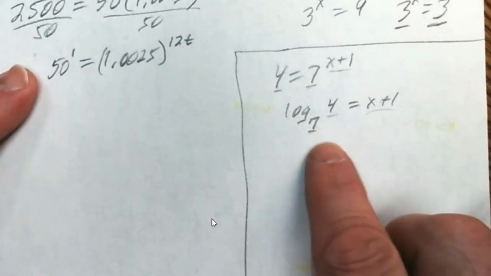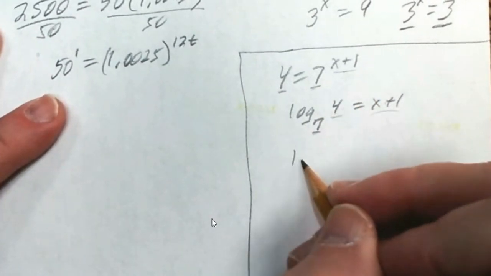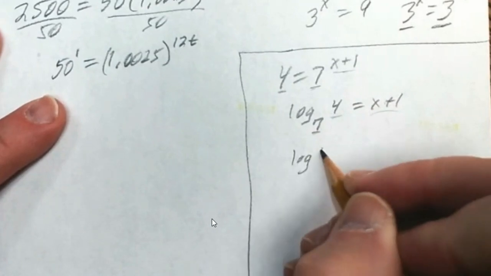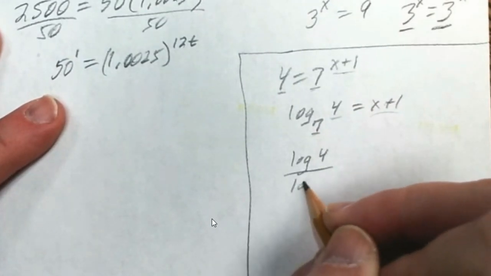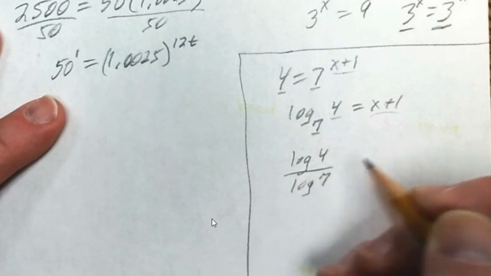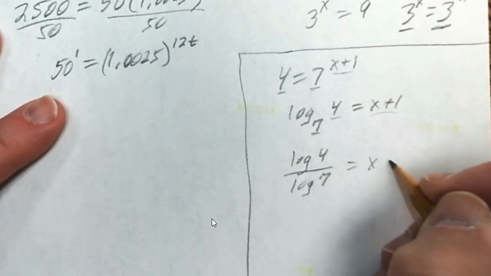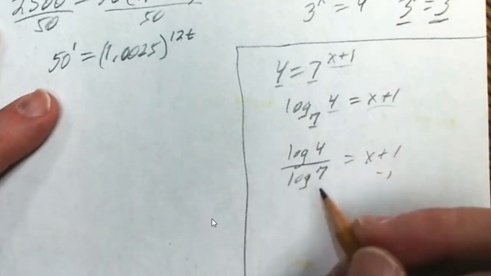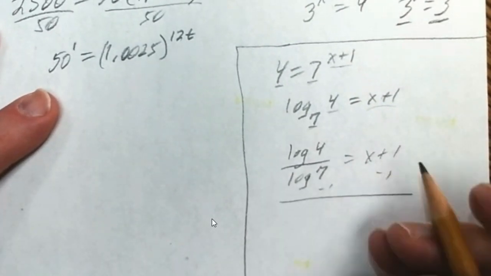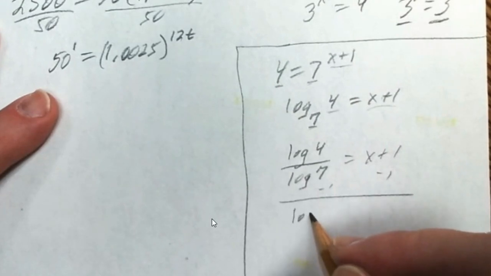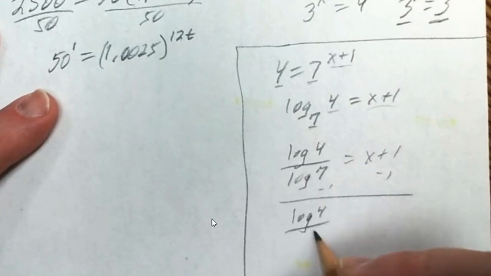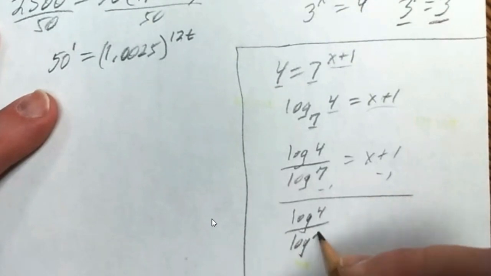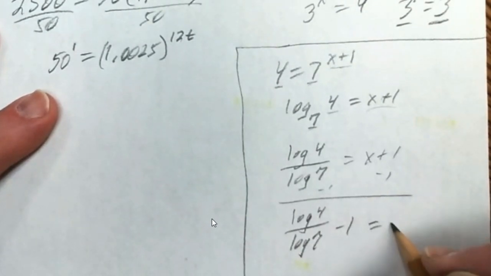And I can calculate this because this is log 4 divided by log 7 equals x plus 1. And then if I subtract 1 from both sides, whatever number log 4 divided by log 7 is, I can subtract 1, and that's what x will equal.